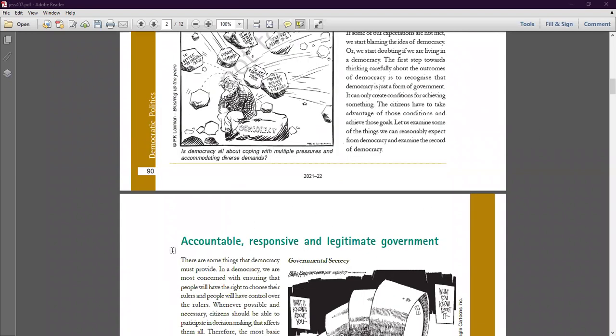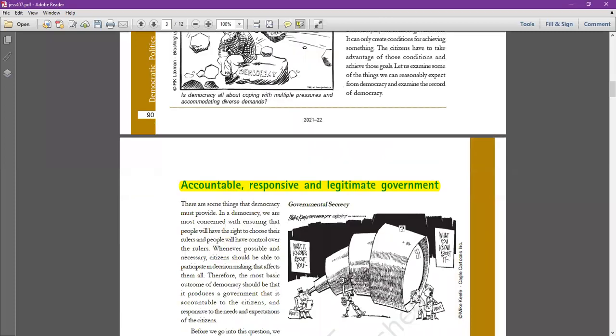Now with other points, that is accountable, responsive and legitimate government. Now what do you mean by this? In democracy, the government must be accountable, the government must be responsive, and the government must be legitimate. Now what do you mean by this? First of all, accountability simply means if any person does something wrong, then that person must be made liable.